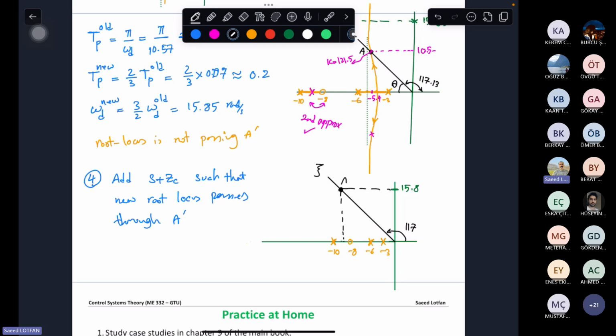This is the A prime, okay? A prime is on 15.8 and minus 8.3. What does it mean? It means that if I want A prime to be on the new root locus, okay?